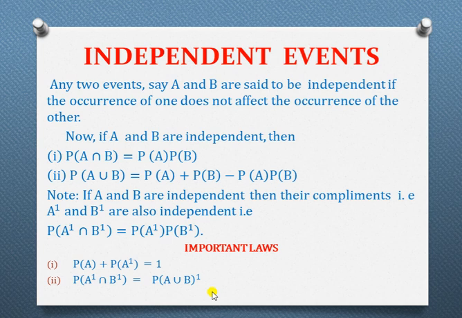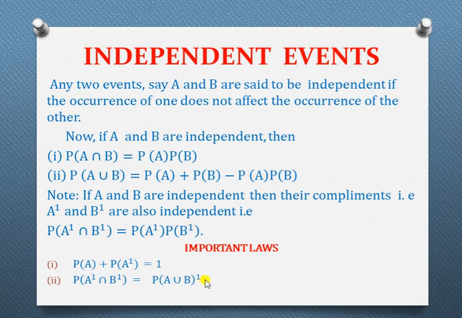Another important law is specifically by De Morgan. De Morgan tells us that the probability of A complement intersection B complement is as good as the probability of A union B, complement. This is something very important. Please note it clearly.